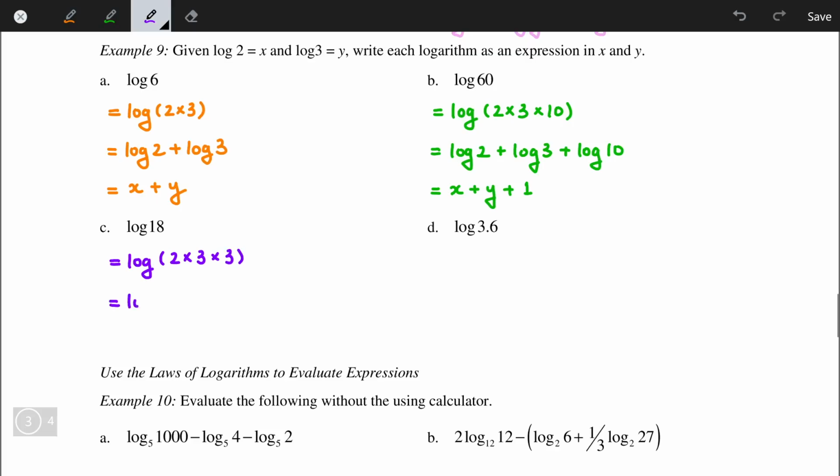So this would be, of course, log 2 plus log 3 plus log 3. And so we will just have x plus y plus y, or alternatively x plus 2y.